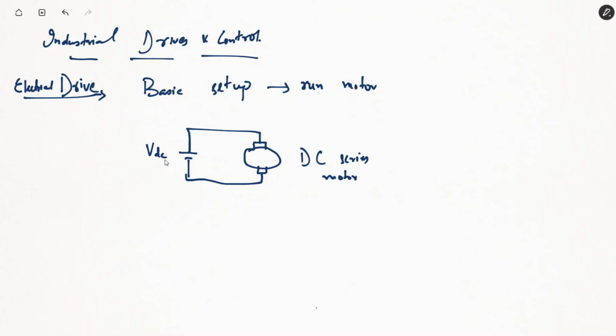With one simple source you can feed the armature as well as the field circuit of a DC series motor. So this is a basic minimum setup required to drive this series motor. एक DC voltage source applied across the armature of a series motor. So एक basic minimum setup है.